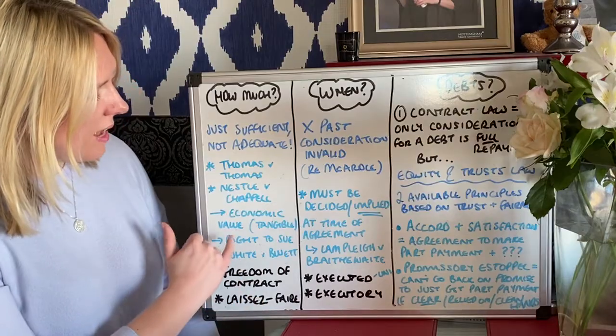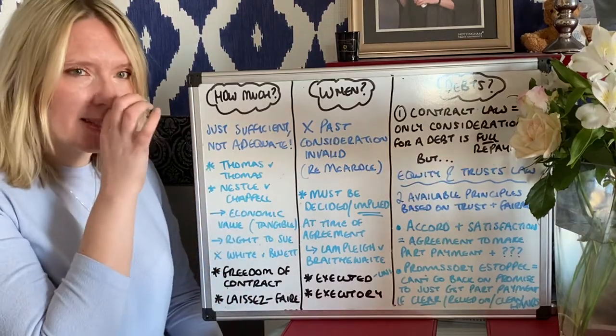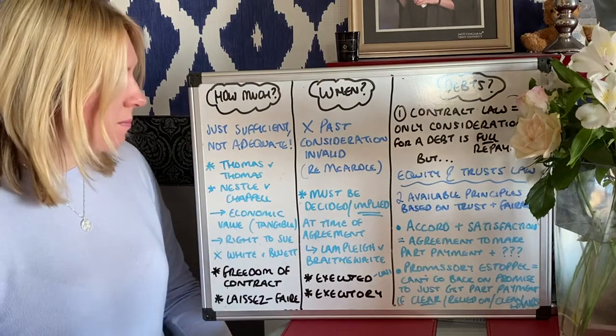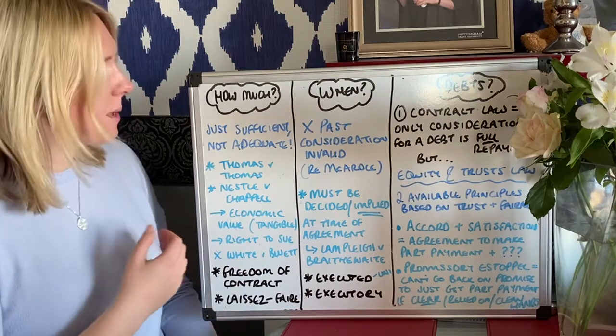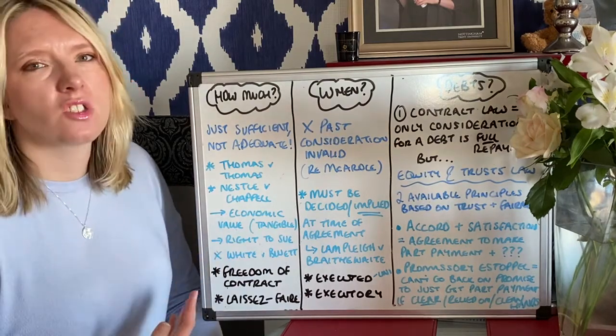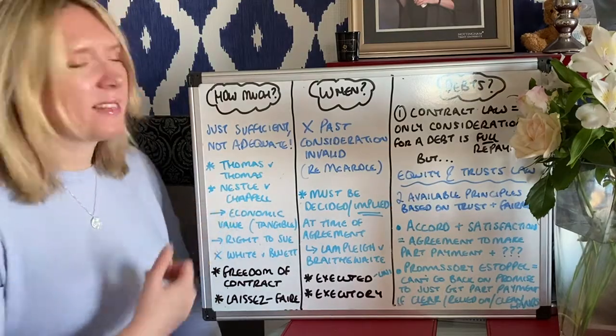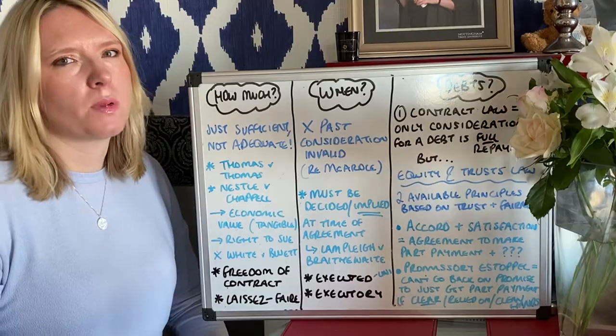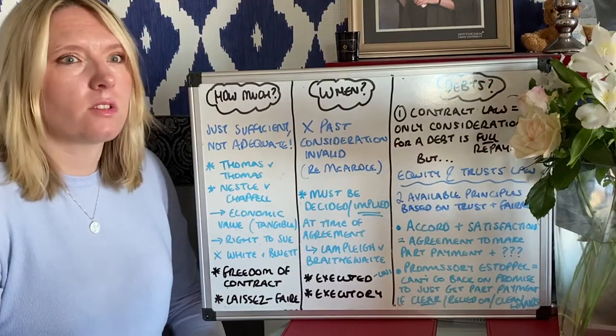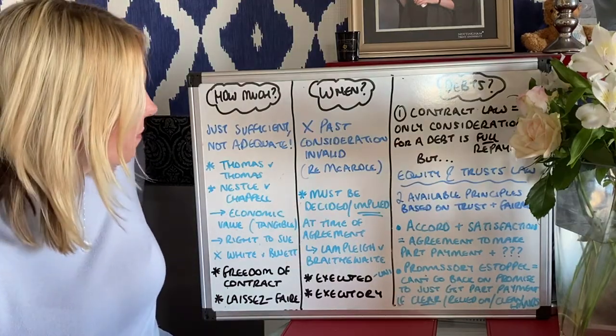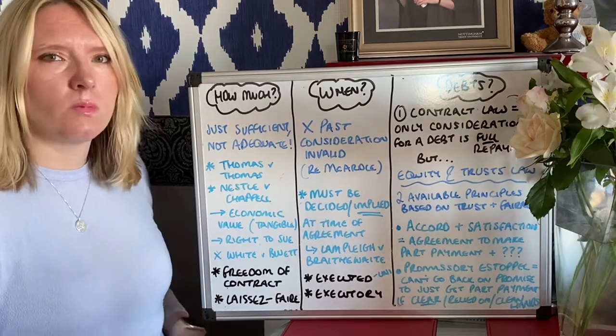And as long as it has an economic value, so it's something that is tangible, so for example, it can be a right to sue, then that is okay. So we've seen cases like Thomas versus Thomas, where a pound rent was enough, or Nestle versus Chapel, where even sweetie wrappers were seen as adequate consideration, or sufficient consideration. The value of those was irrelevant.